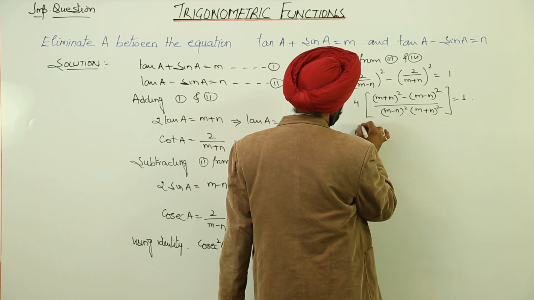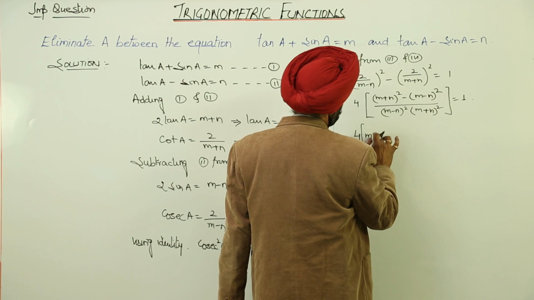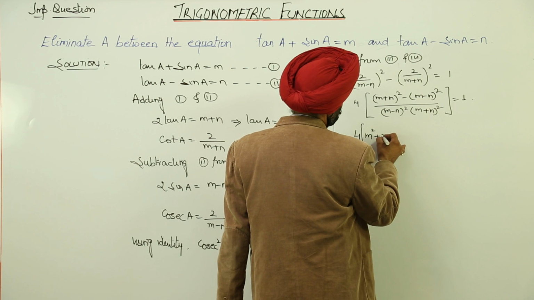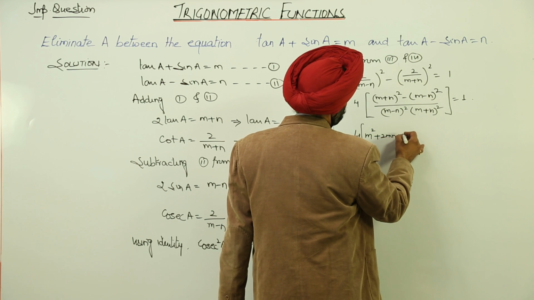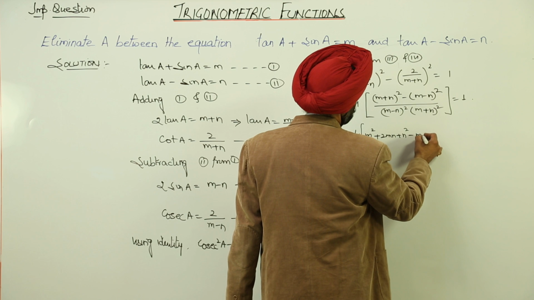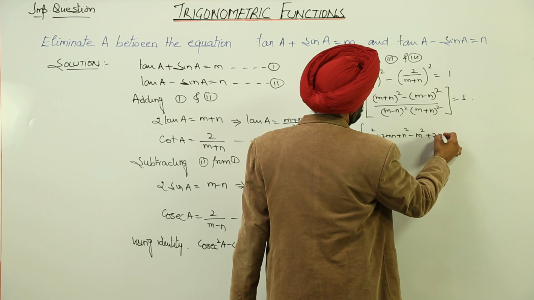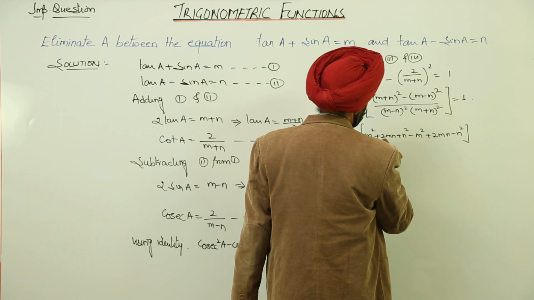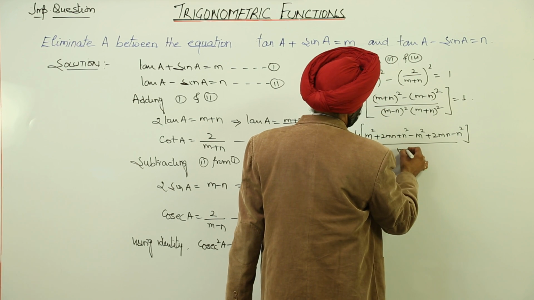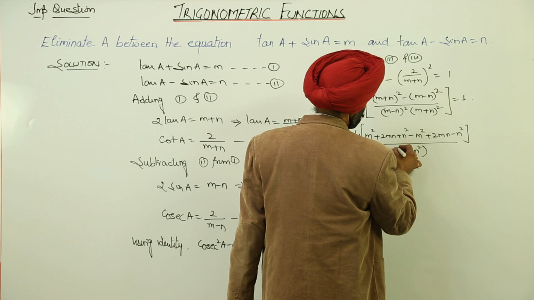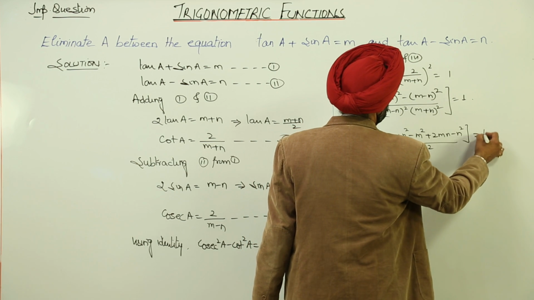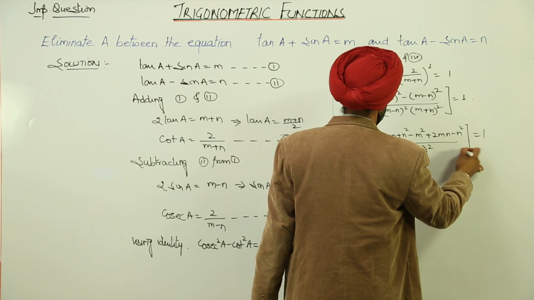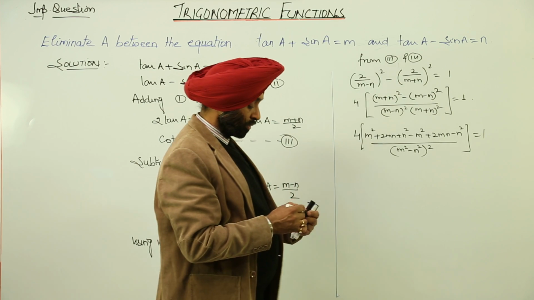Now 4 times m square plus 2mn plus n square minus m square plus 2mn minus n square upon m square minus n square whole square is equal to 1. Now what have we done?